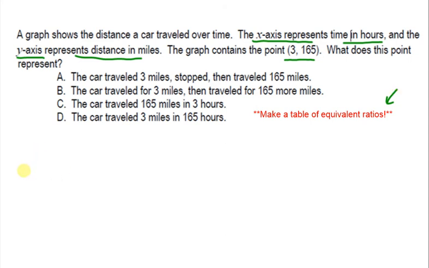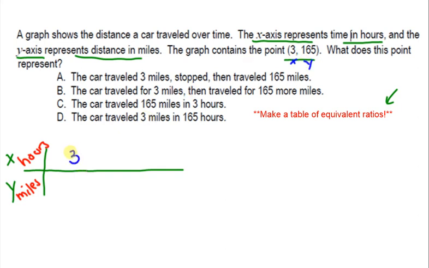So I'm going to make the table first. So I have my x and my y. My x is hours. And my y is miles. And my point is 3, 165. We know it goes x, y. So this is going to be x, this is y.